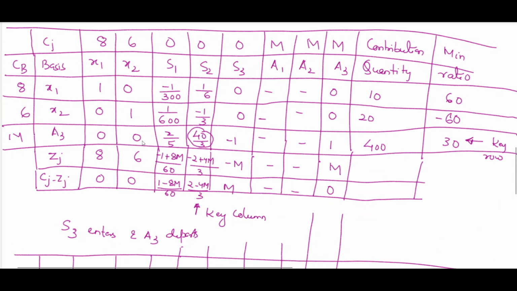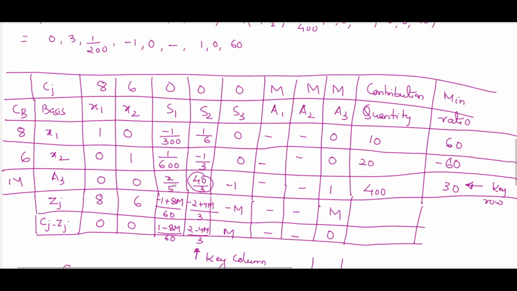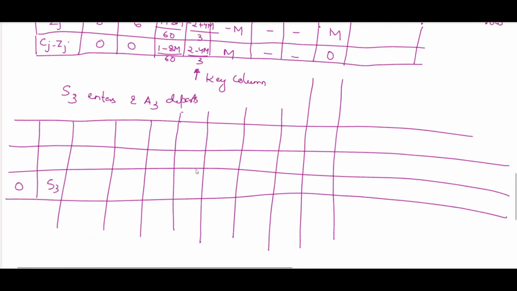So it will be 0 by 40 by 3, 0 by 40 by 3, and 2 by 5 divided by 40 by 3. The first two values are 0, 0, and if you solve it you will get 3 by 100, 1 minus 3 by 40. We have removed all the dashes.